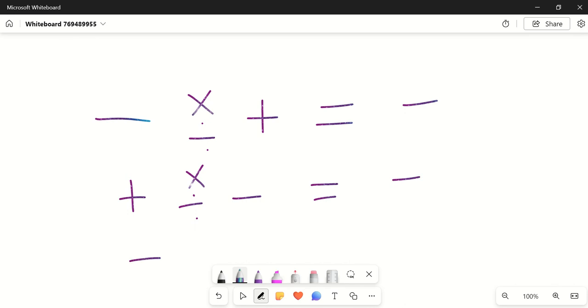If I have a negative multiplied or divided by another negative, my answer is positive. And then you should all know that a positive divided or multiplied by another positive, the answer is still positive. So, if there's a negative number involved, and the other one's positive, doesn't matter which way, the answer will be negative. If two negative numbers are involved, then they cancel each other out and it'll become positive.